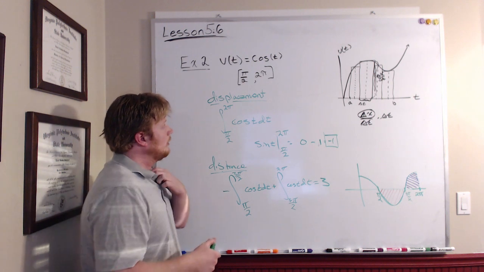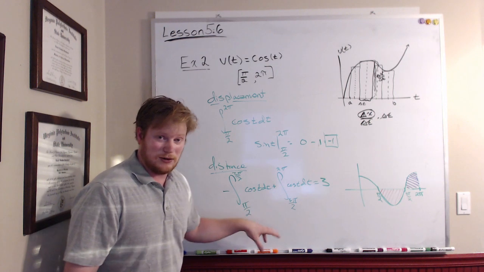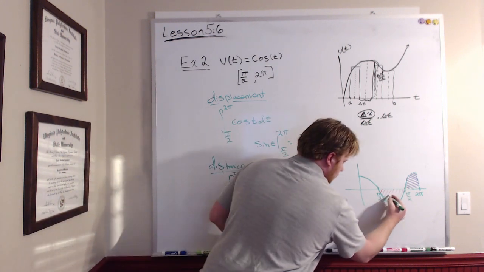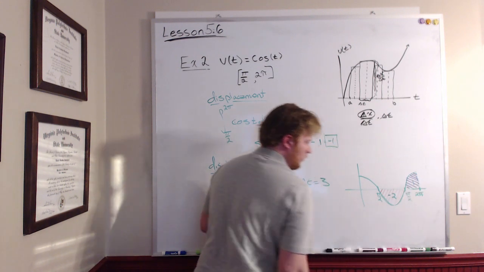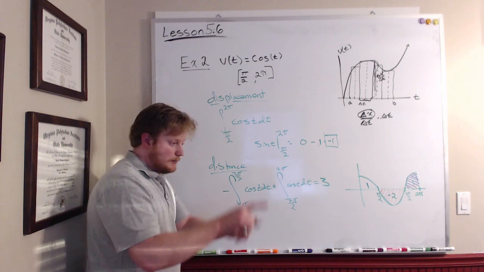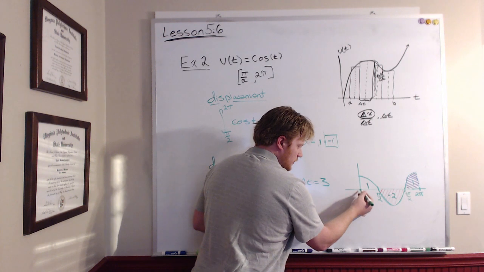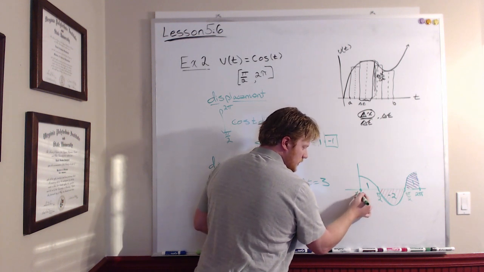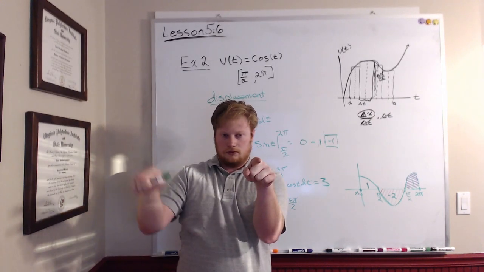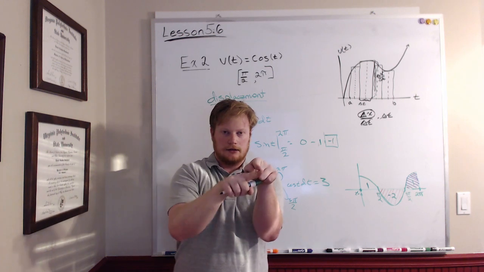Still, if I were to ask you to do something like this, you would at least need to set up the integral, but I don't really have to solve it now because I know that this is -2 and that this is +1 and that's +1. All right, think about traveling around a circle. What's your displacement from start, t equals 0 to 2 pi? Your displacement is 0, but your total distance will be 4.